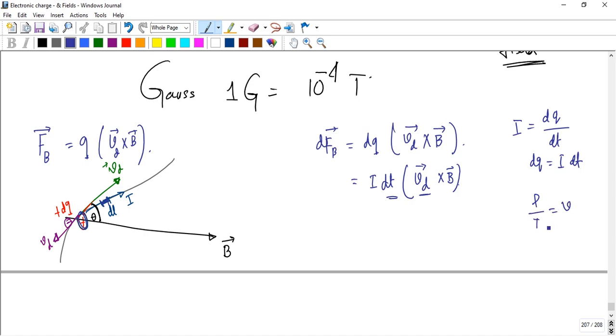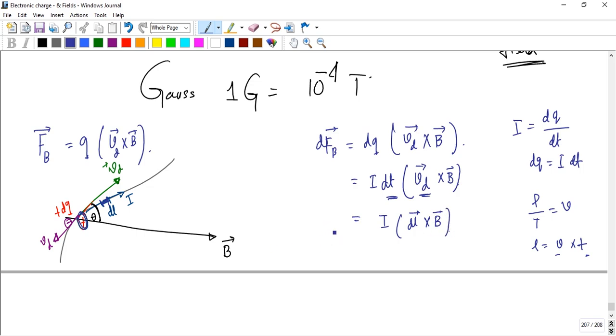So L equals V times t. So we get I, and this gives dl, I dl cross B.